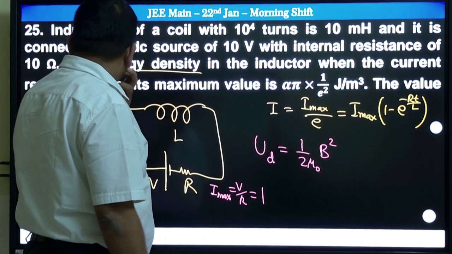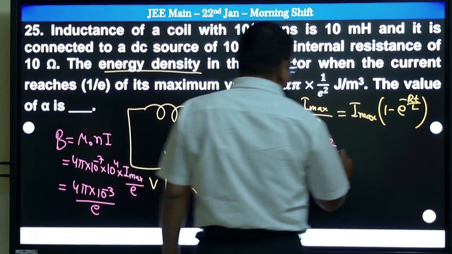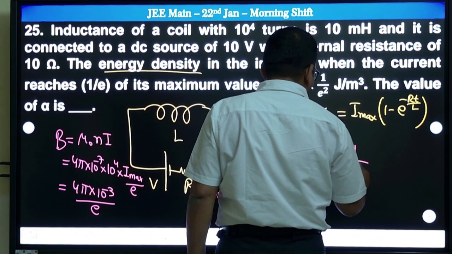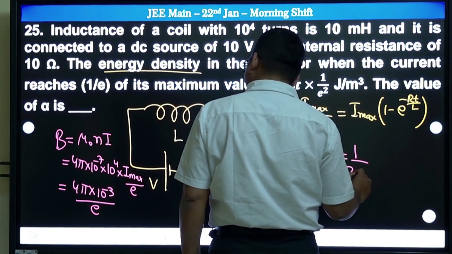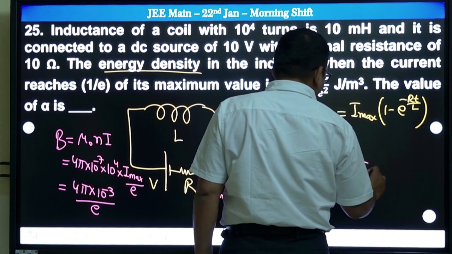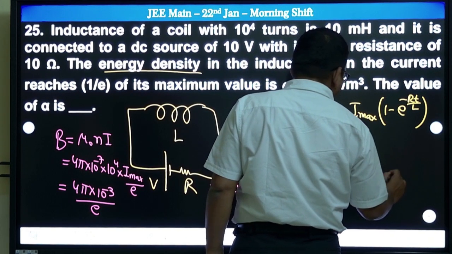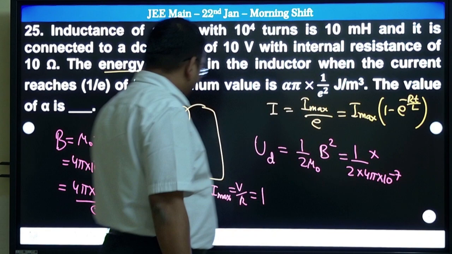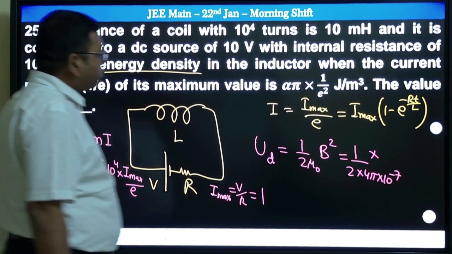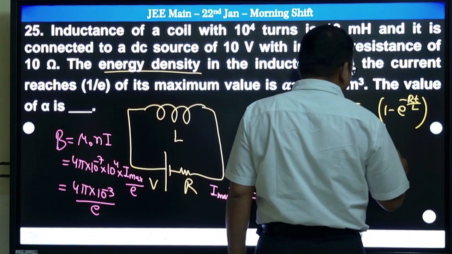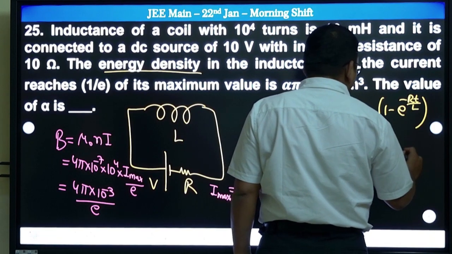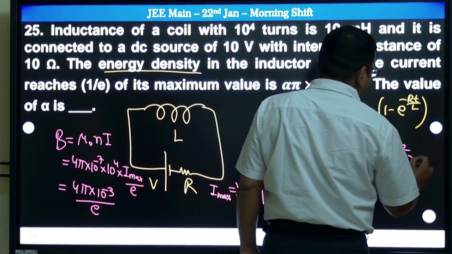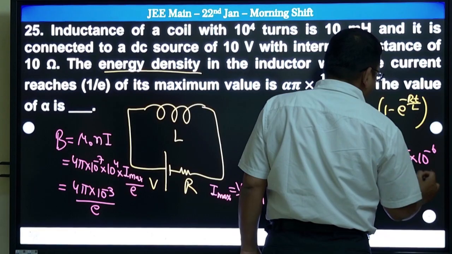Now let us substitute that. So 1 by 2 mu naught, which is 4 pi into 10 to the power minus 7, into B squared. Square of this: 4 pi squared into 10 to the power minus 3 squared, which is 10 to the power minus 6, divided by e squared.